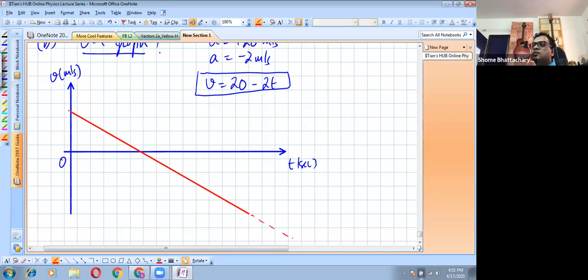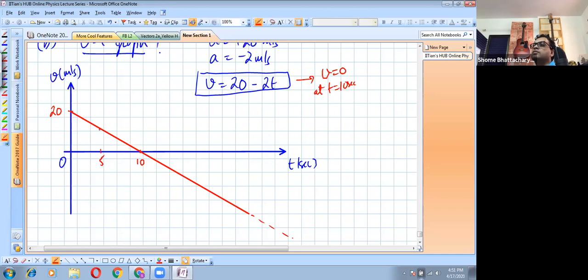Okay, so anyway, so this value is how much? It is 20. Okay, and then this value of time should be how much? So you can see from here, velocity is 0 at t equal to how much? 10 seconds. So that's where you know that this 15-second business is very critical. Okay, so 15 is somewhere here, 5 is somewhere here like this.